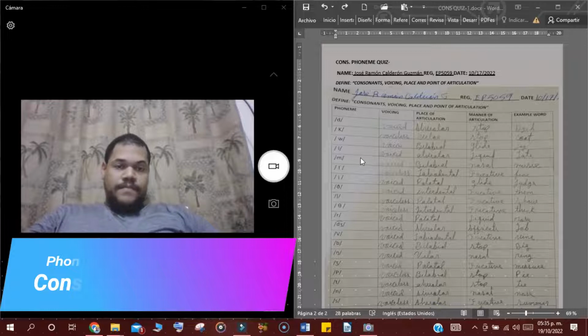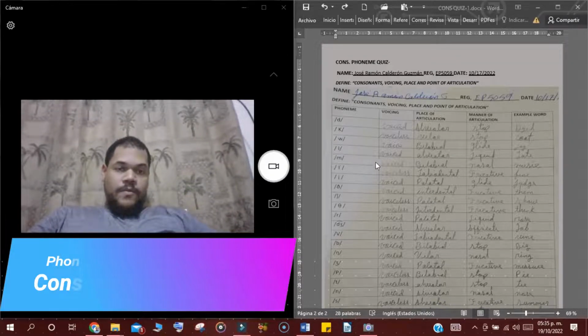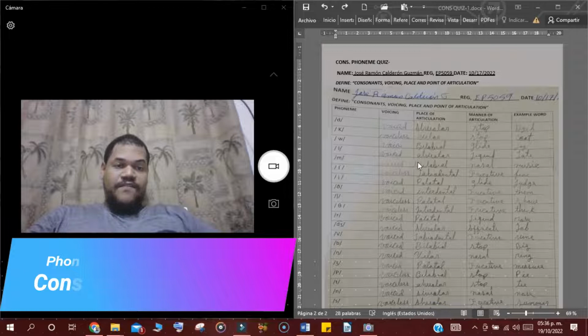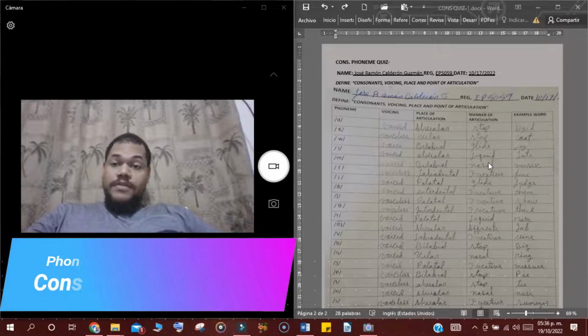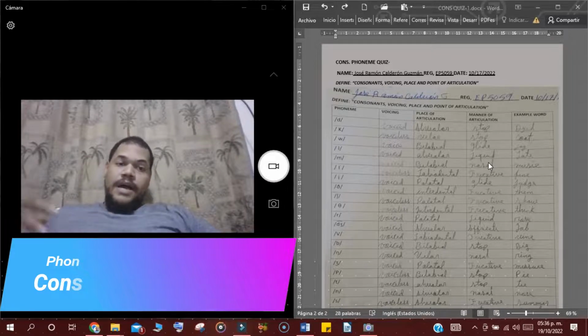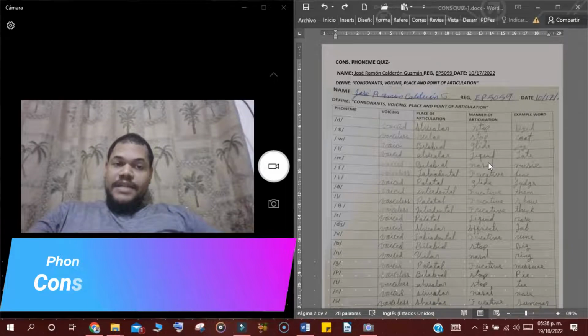Now we have the phoneme M, which is voiced, bilabial, and nasal. What does nasal mean? Nasal means that at the time of producing a nasal sound, the passage to the oral cavity is closed, and the airflow that comes from the lungs, thanks to the action of the velum, goes to the nasal cavity.